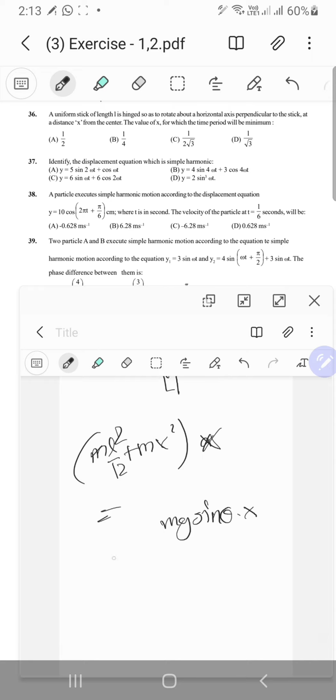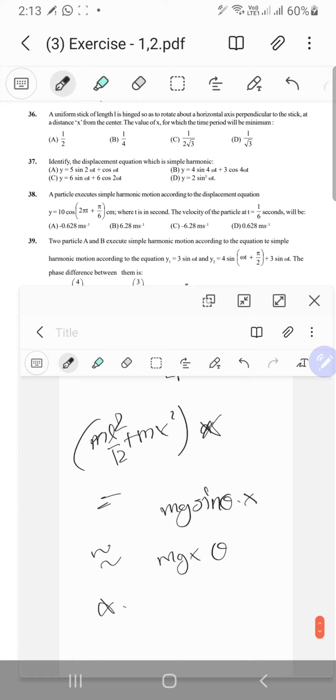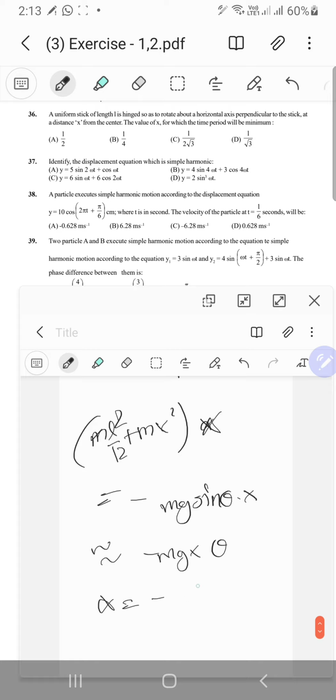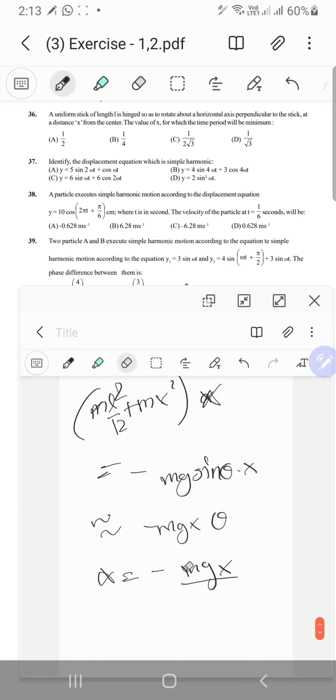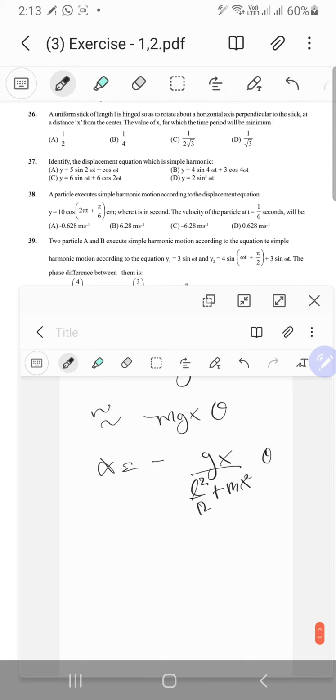Yeah, that looks correct, which is approximately mgx theta. So our angular acceleration should be negative over there, but it doesn't really matter. Mgx upon, well, this m actually cancels, so it's gx upon L squared by 12 plus x squared, times theta.